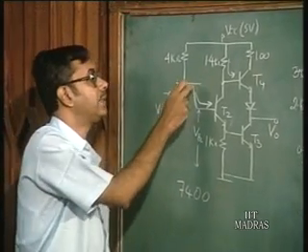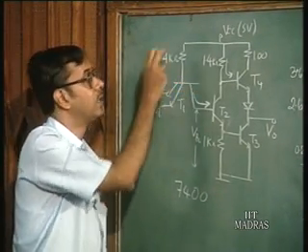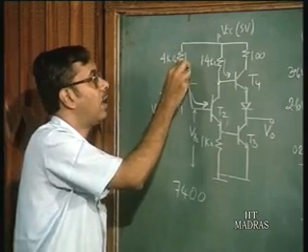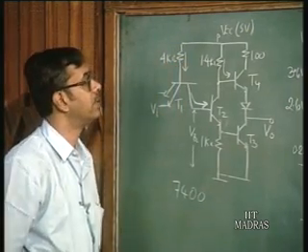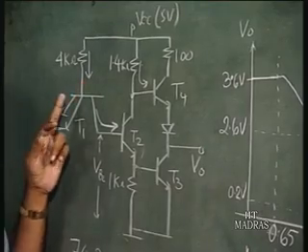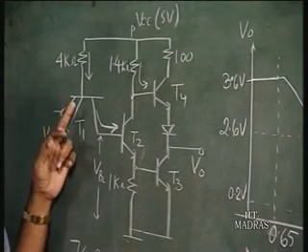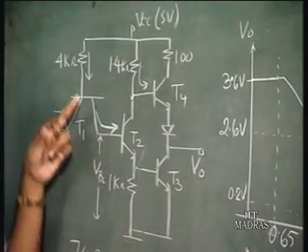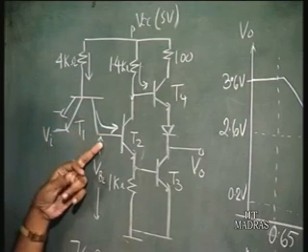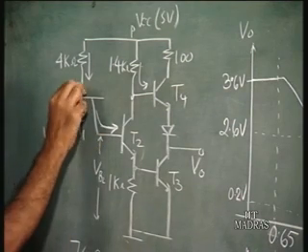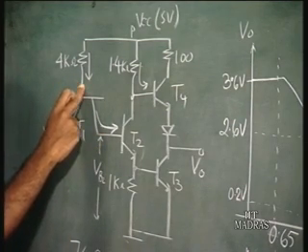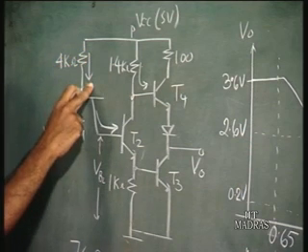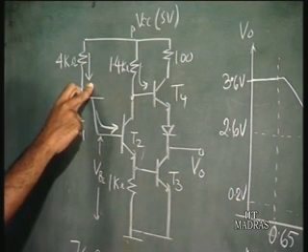And what is the base current of T1? If you assume this is around 1.5 volts, and this junction is also forward biased, this voltage can at the most be 2.2 volts, say. So you have a 0.7 milliampere of base current flowing.